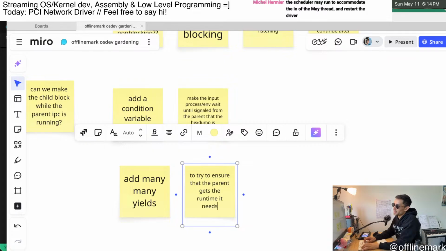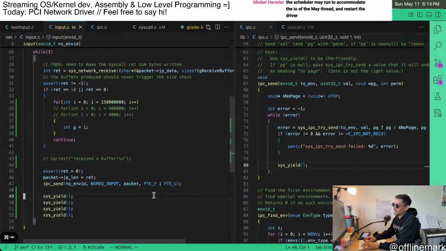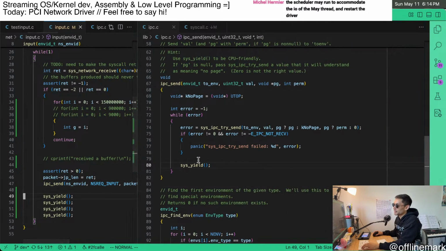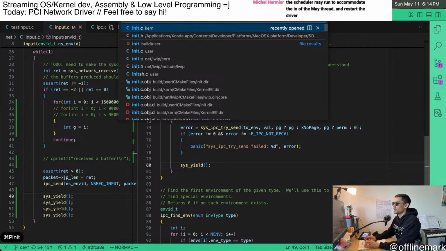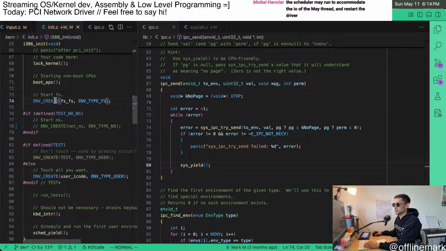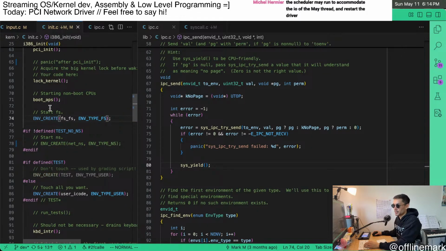So my theory, yeah, I don't have a great theory here. There's other processes running on the system. There's not that many of them, but the other process running is the file system server.